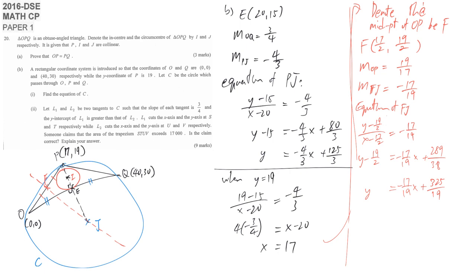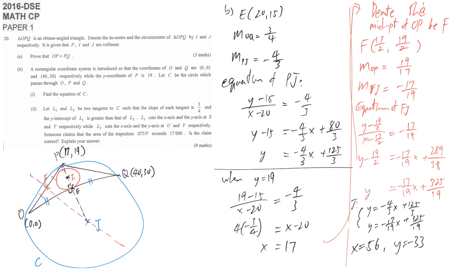So don't forget that we are going to compare the equation of PJ and the equation of FJ so that we can get the coordinates of J. For point J, y is equal to negative 4 over 3 x plus 125 over 3, and at the same time y is equal to this. By solving this, we know that x is equal to 56 and at the same time y is equal to negative 33.